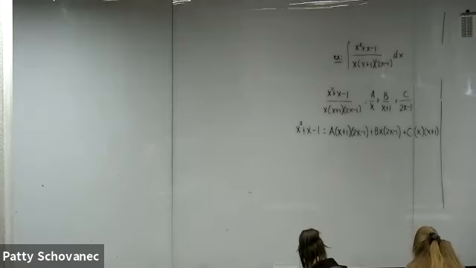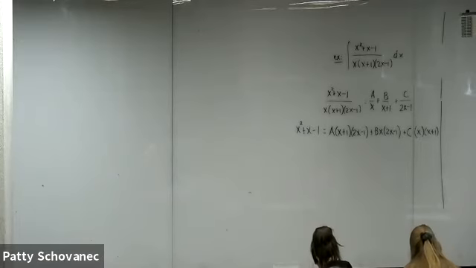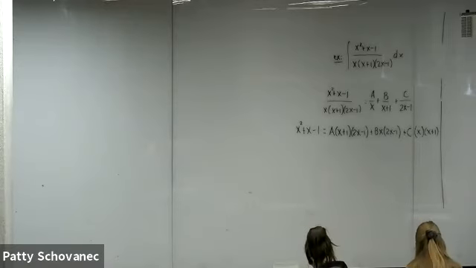Did you get? You're not getting there. 3 equations, 3 unknowns. Did you get different? You got the same thing? 1, negative 1/3, negative 1/3?